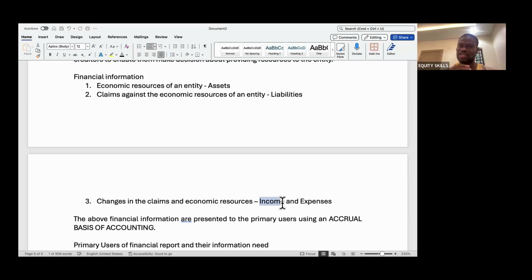A lot of activities would be omitted. So all your information, not just income and expenses, but assets and liabilities, as soon as there is a transaction, whether money is involved or not, as soon as there is an economic activity, put it in your books. And that's what accrual basis of accounting is talking about.